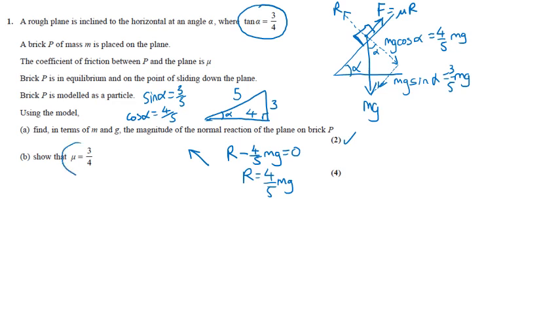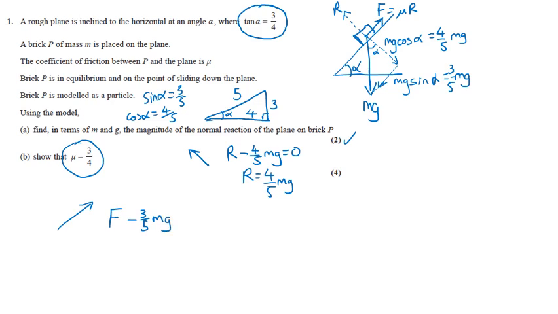And then the other bit, show that the coefficient of friction is 3/4. Let's resolve in the other direction now. Up the plane, we've got F, which we'll just write as F at the moment, minus the force acting down the plane, which is 3/5 mg.